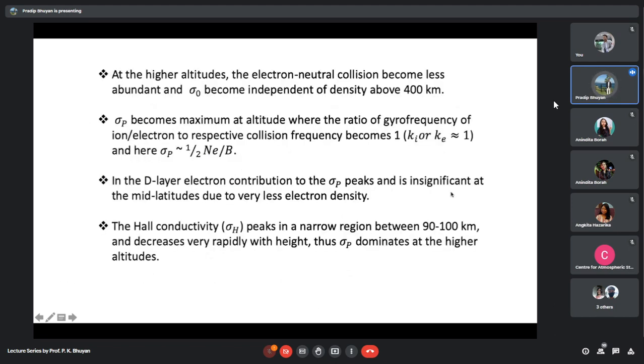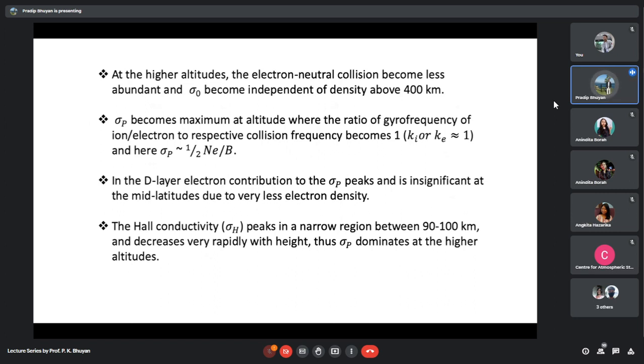So these are the three different types of conductivities. One, sigma naught becoming independent of density above 400 kilometers. That means in the top side, sigma p becomes maximum where your ki or k1e is equal to 1 and its value is half of ne by b.